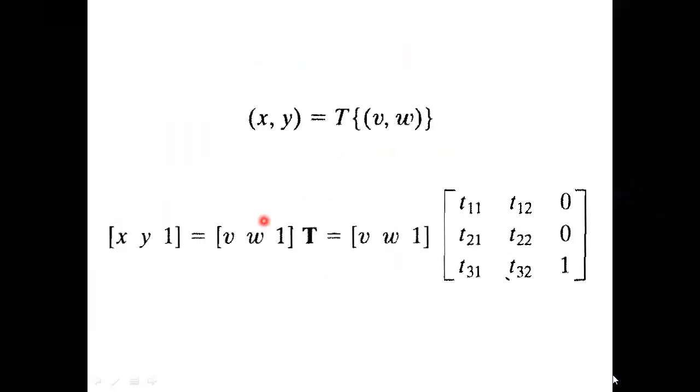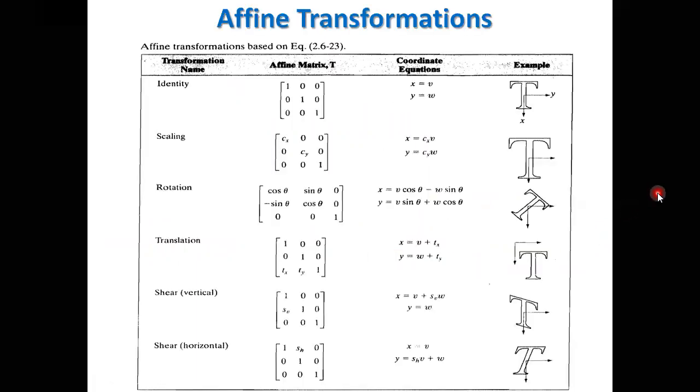Okay, here if you are taking spatial coordinates, that will be (x, y) equal to transformation of (v, w). If you are taking it in matrix form, [x y 1] equals T times [v w 1]. T is a matrix, and then you are taking the matrix operation like this.